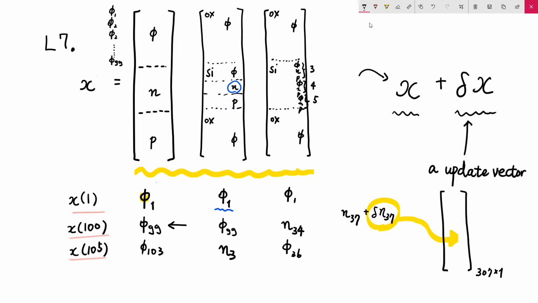So here, then you can find a certain 37.